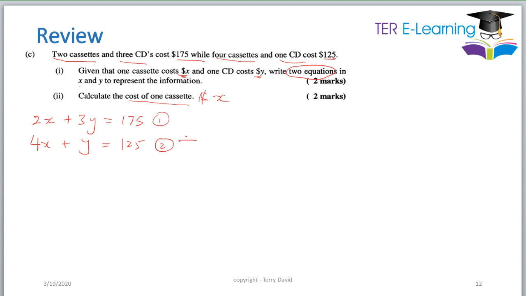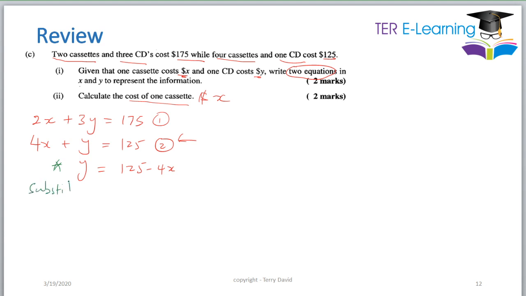So from my second equation, I can say that Y is equal to 125 minus 4X, right? So my second equation, I can write it as this: Y equal 125 minus 4X. So what I could do now, I can say substituting.